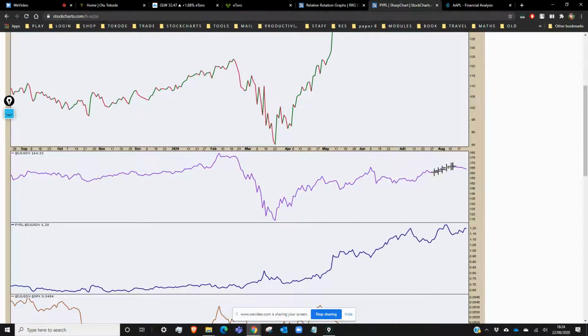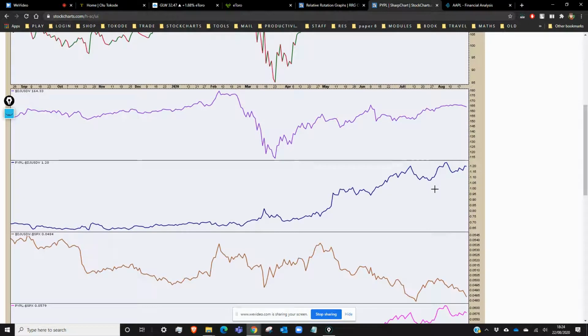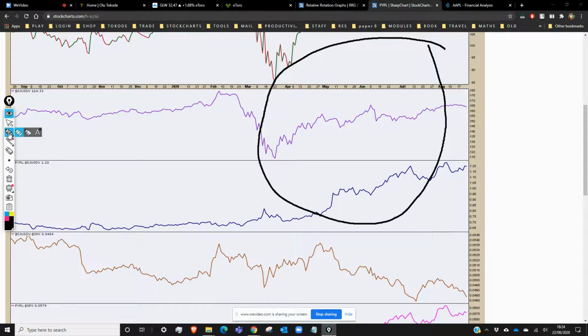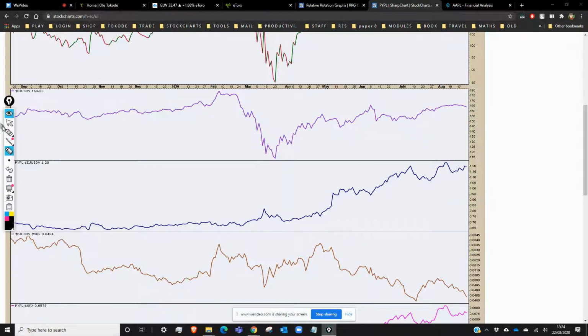Overall, the industry is in an uptrend. How is PayPal performing relative to that industry? PayPal is kind of outperforming the industry. See this? That's like an uptrend.